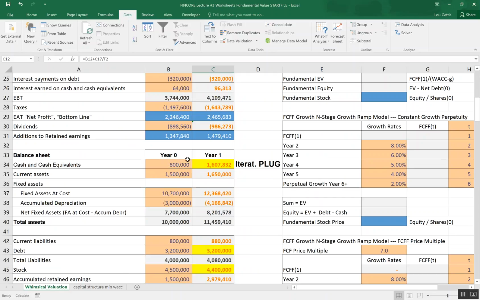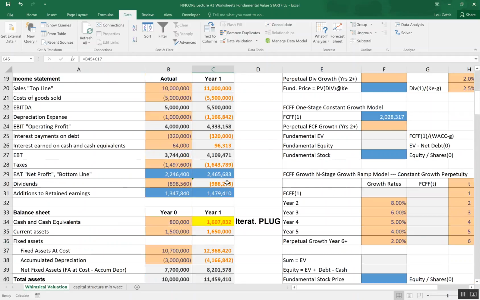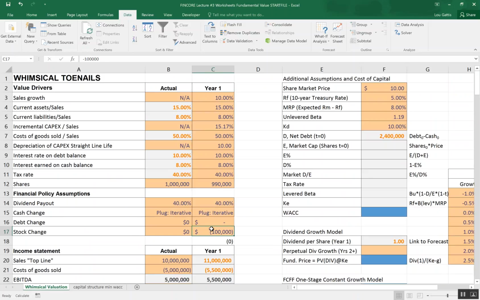What you'll also notice is the cash plug changes and stock reduced by $100,000. So I have this model set up with an iterative calculation such that the cash becomes a plug and the balance sheet is balanced based on my value drivers. So that's the model we're going to start with.